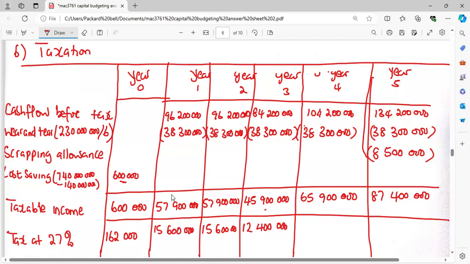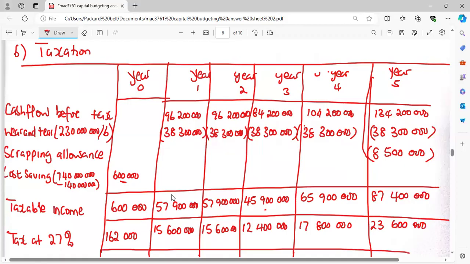Then this one, 17,793,000, so 17,800,000. Then the last one, 23,598,000, so 23,600,000. So this is our tax.